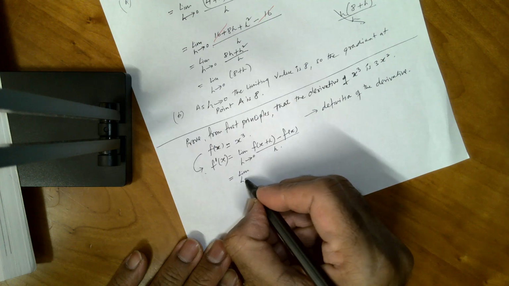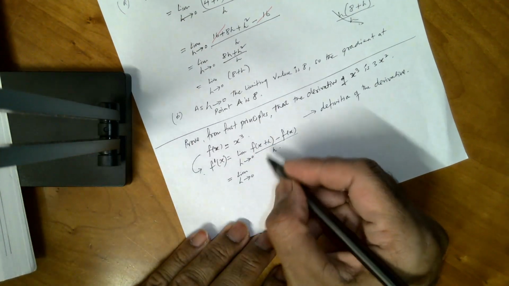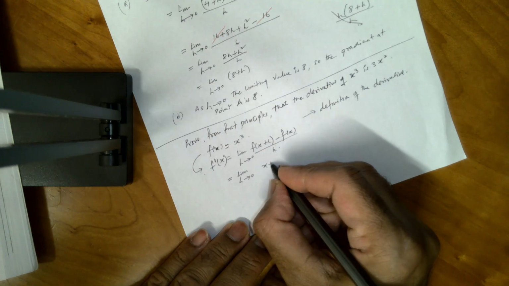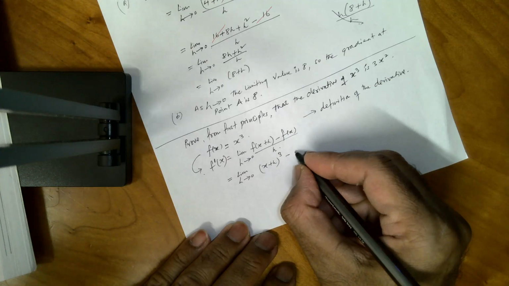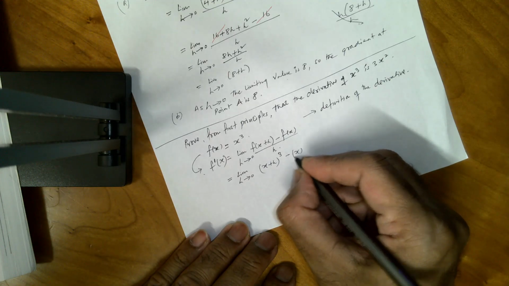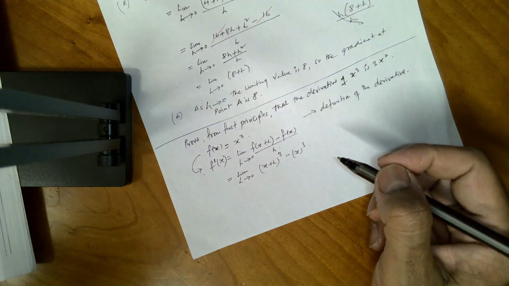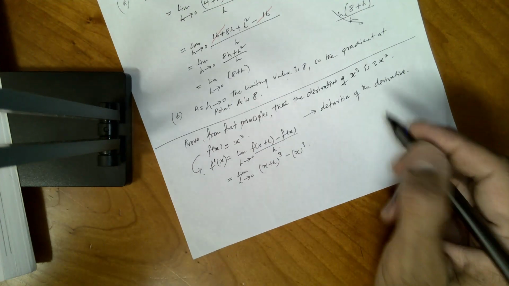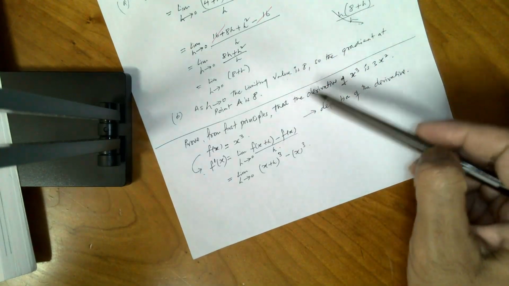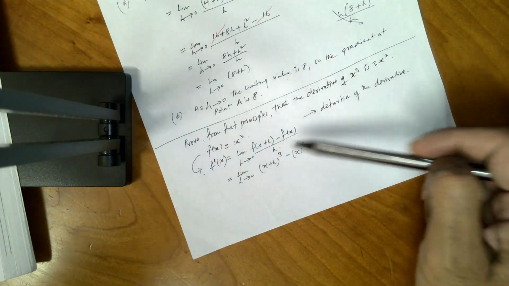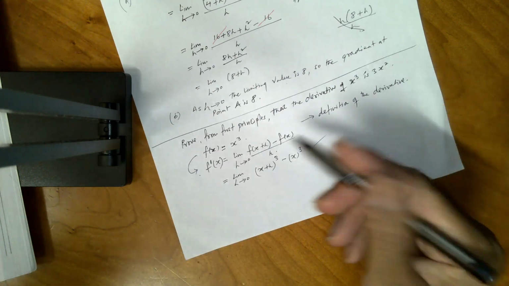So limit h tends to 0, and then this one would be your (x+h) cube minus x cube. Okay, so in the bracket what you have, that will be cubed. As I explained to you before, the function at that time was squared, and now it is cube, so that will be the cube. Now you just have to open this one.